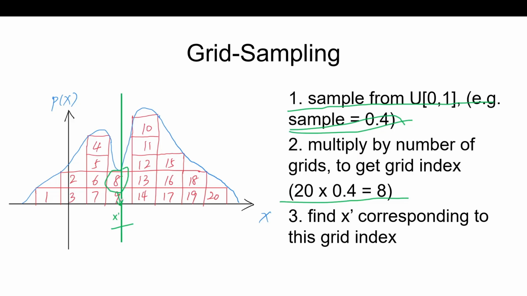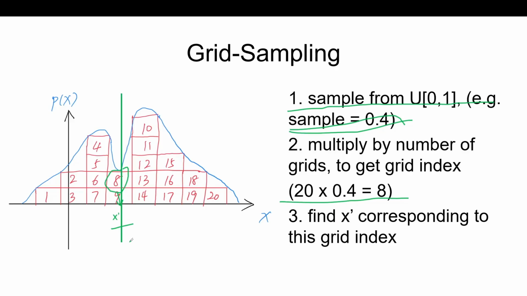So 40% of the grids are located on the left-hand side of this vertical bar. In other words, 40% of the area under the curve is located on the left-hand side of this vertical bar.